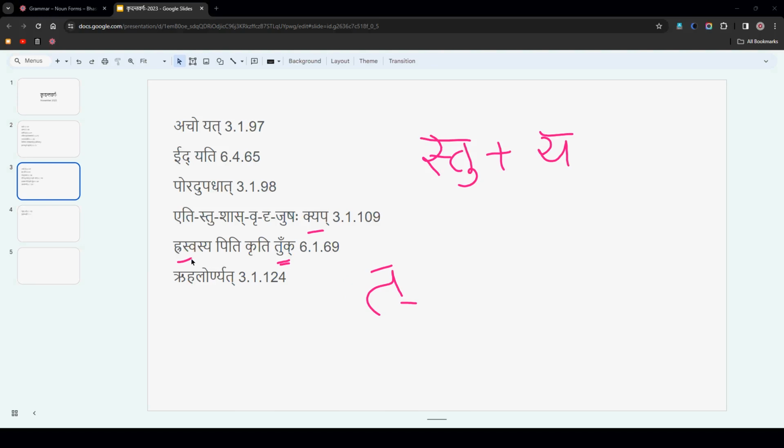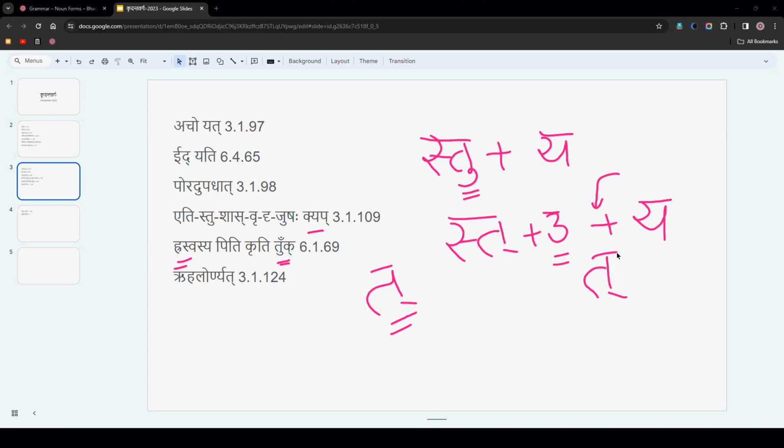Where does it have to be inserted? Where there is a hrasva before, the ukara is there. Hrasva has to be a vowel, right? So there is sta plus u in the dhatu, and now we have to insert the takara after the hrasva.